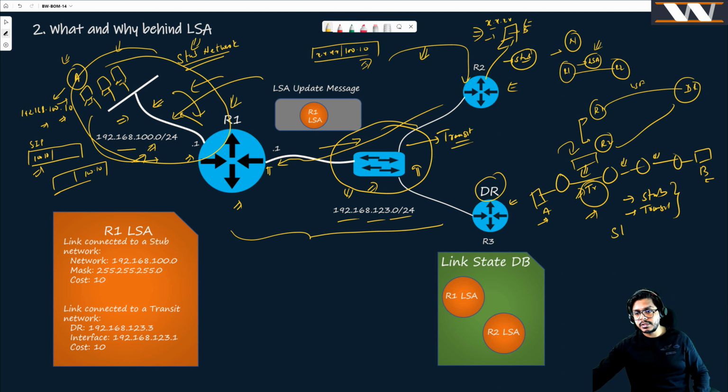So we just talk about stub and transit network types, right? These are not OSPF network types, guys, but just generally, if the source and destination of the IP packet are inside a particular network, then we call that stub. Otherwise, it is going to be in the category of transit. It is as simple as that.